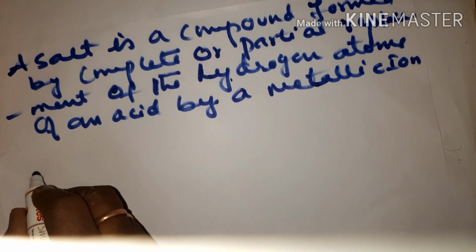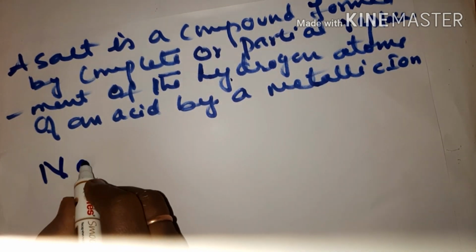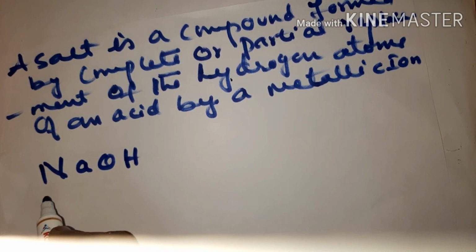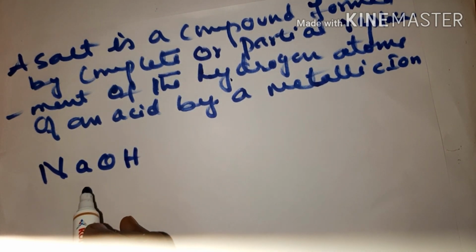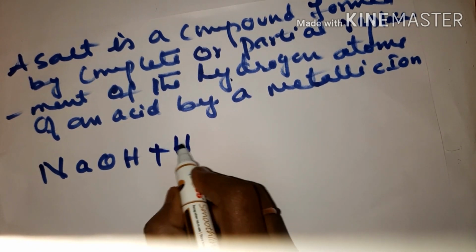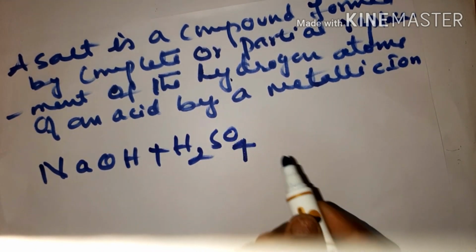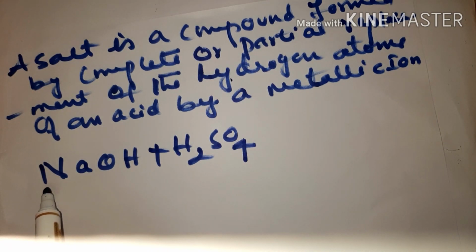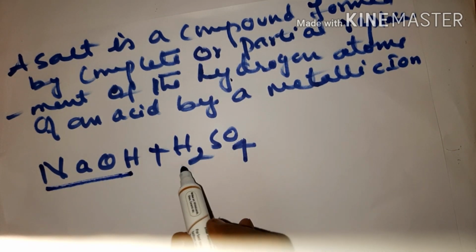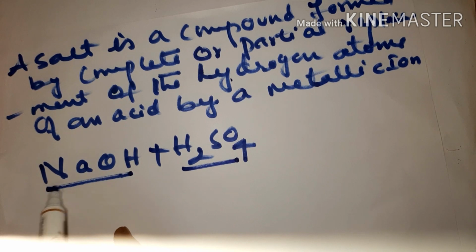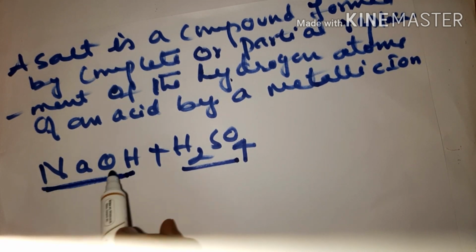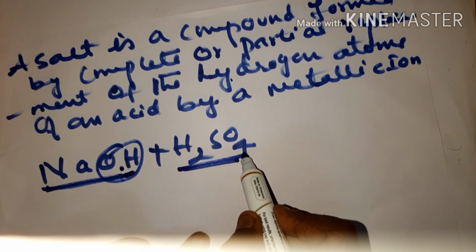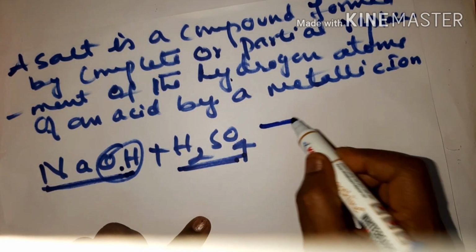Take the base NaOH plus H2SO4. What I told you previously: salt is formed by the combination of acid to a base or base to an acid. A base is a substance which contains the OH group, so NaOH is a base. H2SO4 is the acid.